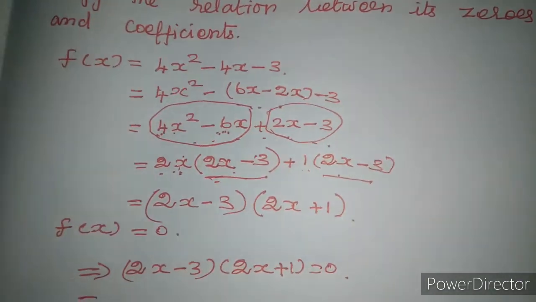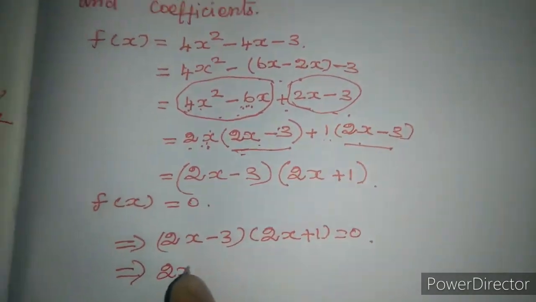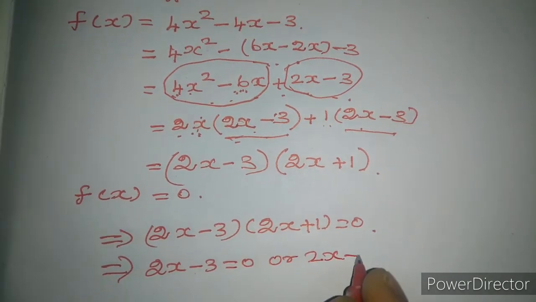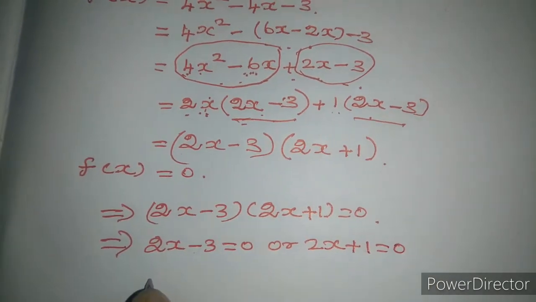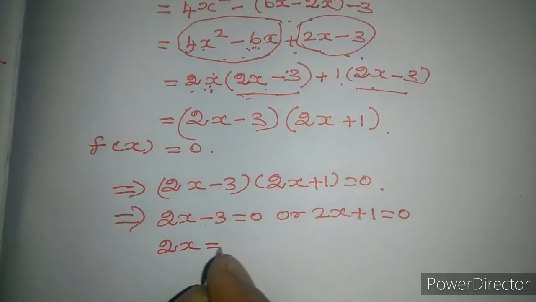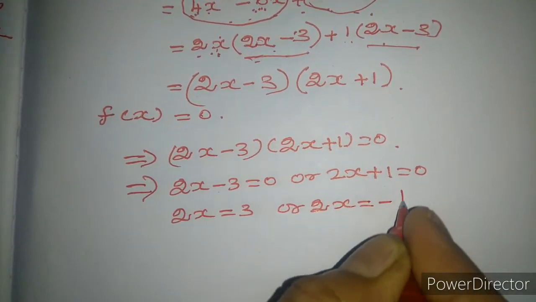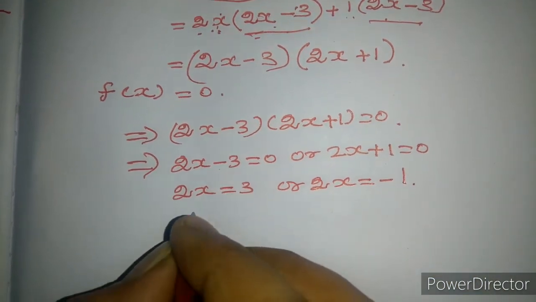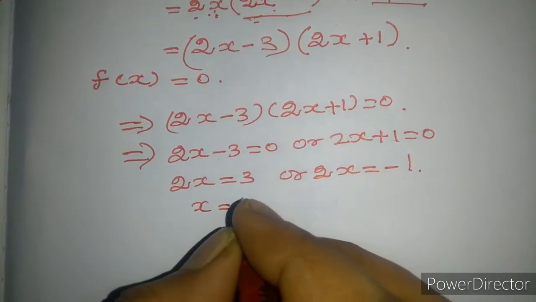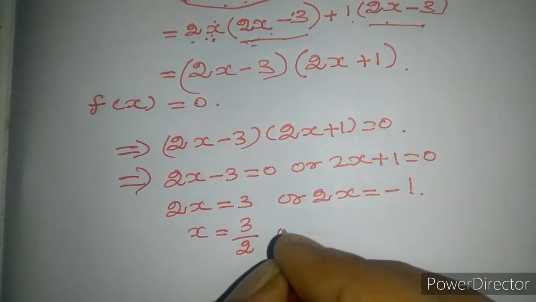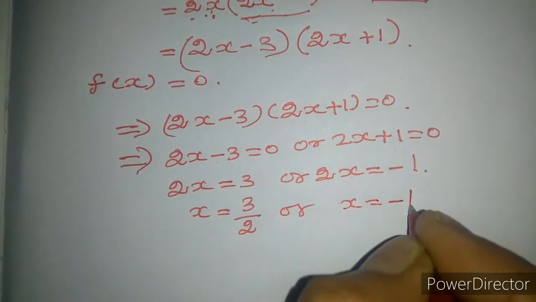So it is 2x minus 3 equal to 0 or 2x plus 1 equal to 0. So 2x equal to 3 or 2x equal to minus 1. So x equal to 3 by 2 or x equal to minus 1 by 2.